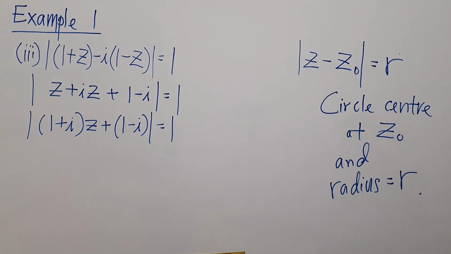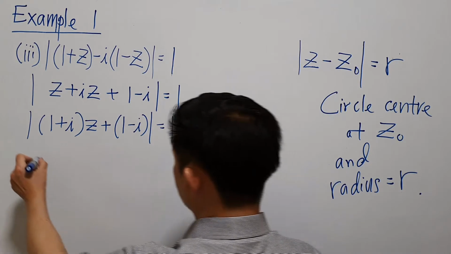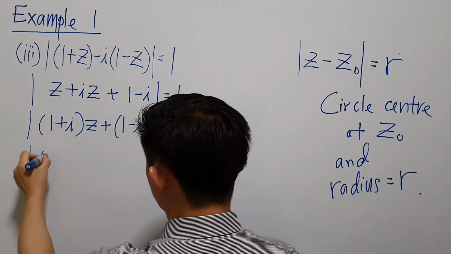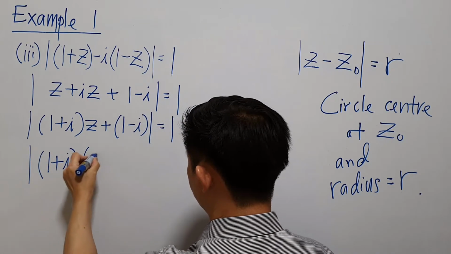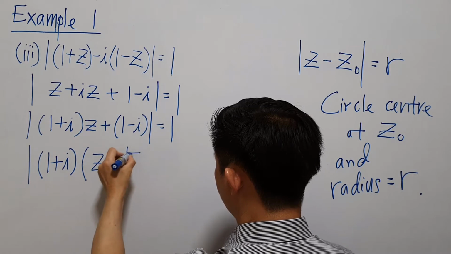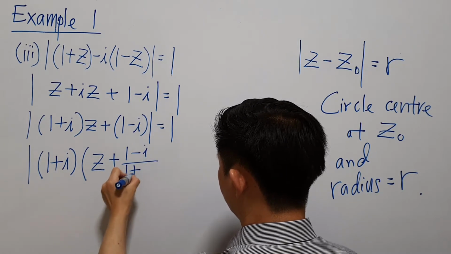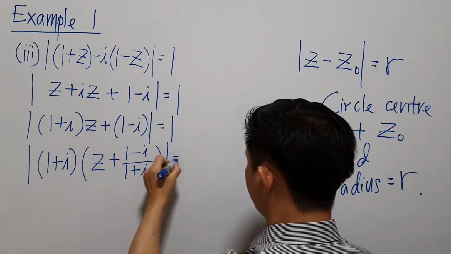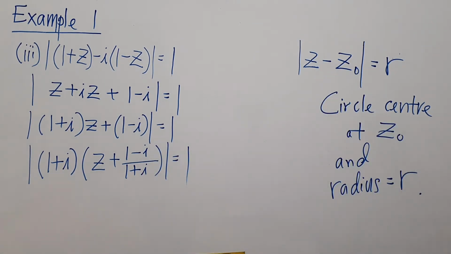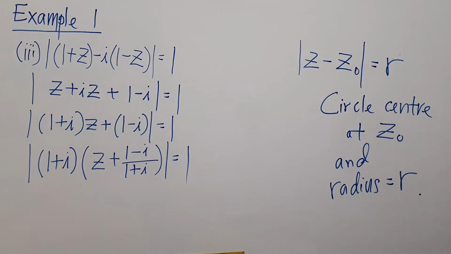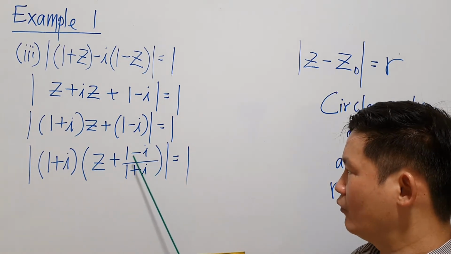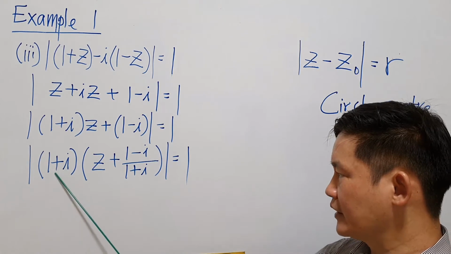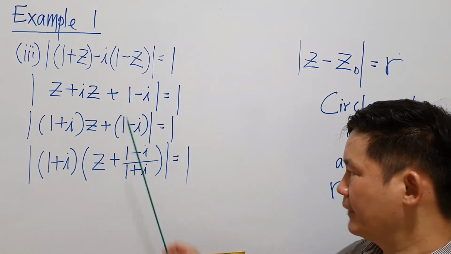And that prompts me to do a factorization. So I have performed a factorization of 1 plus i. When I factorize 1 plus i, this one will have 1 minus i over 1 plus i, because when you take this times this, you get back your 1 minus i.